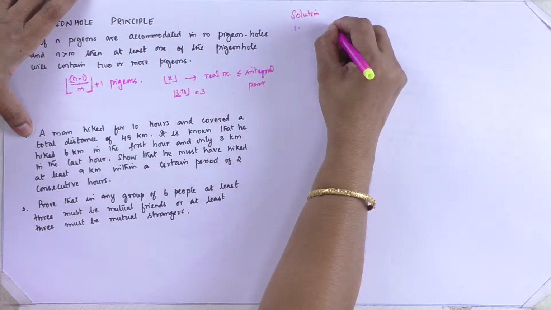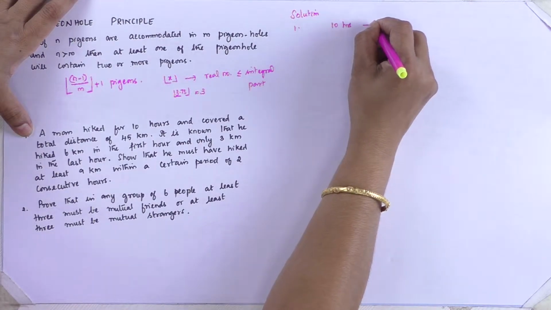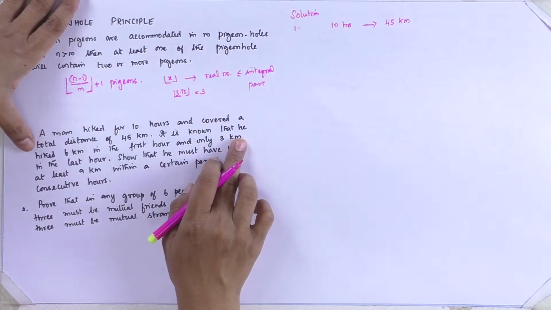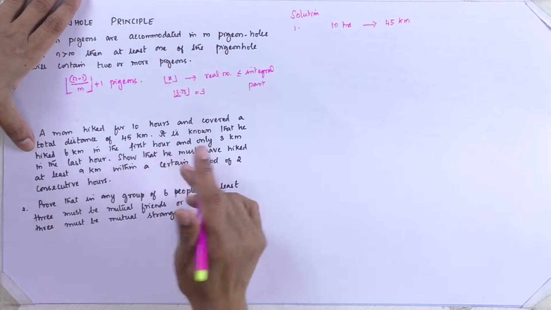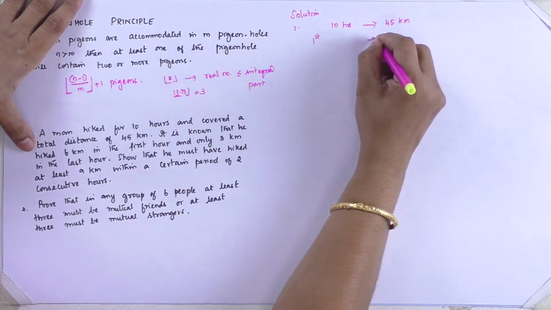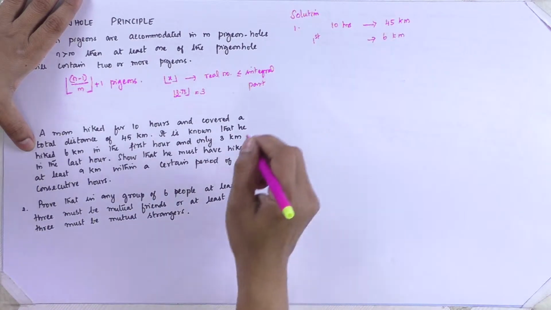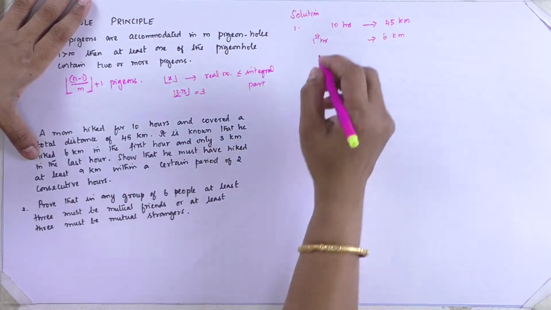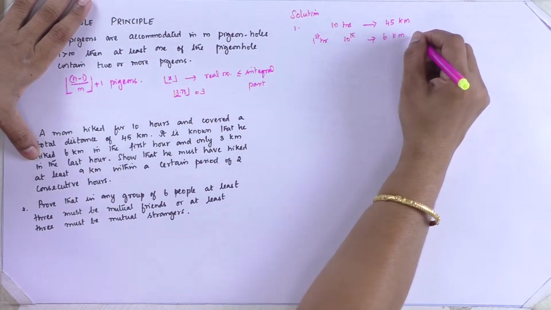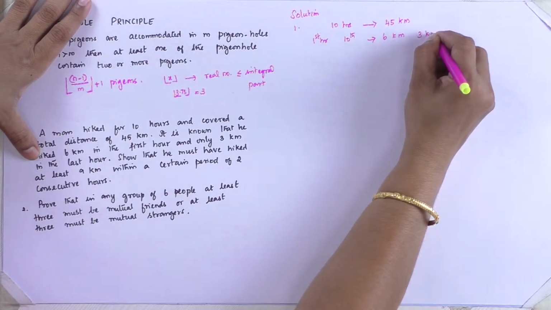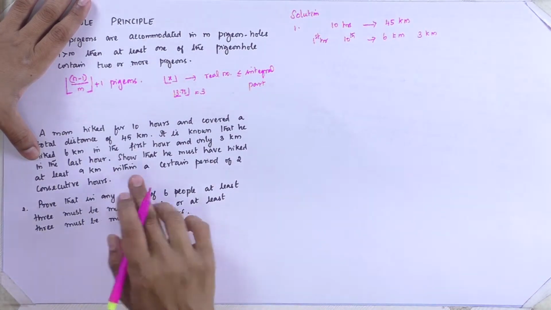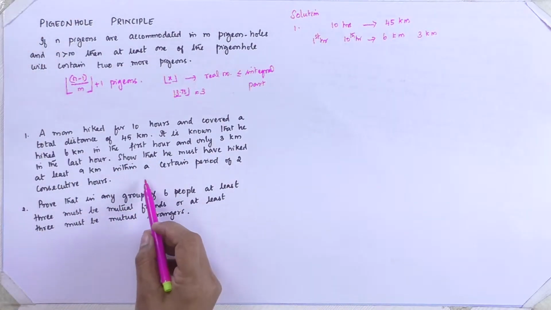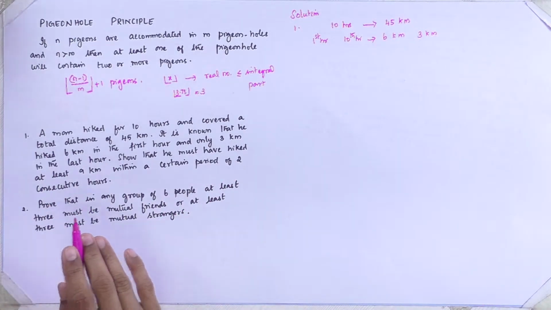It is known that he hiked 6 kilometers in the first hour, and only 3 kilometers in the last hour. The last hour is the 10th hour. He hiked 3 kilometers. This is what is given. Show that he must have hiked at least 9 kilometers within a certain period of 2 consecutive hours. Let us check.